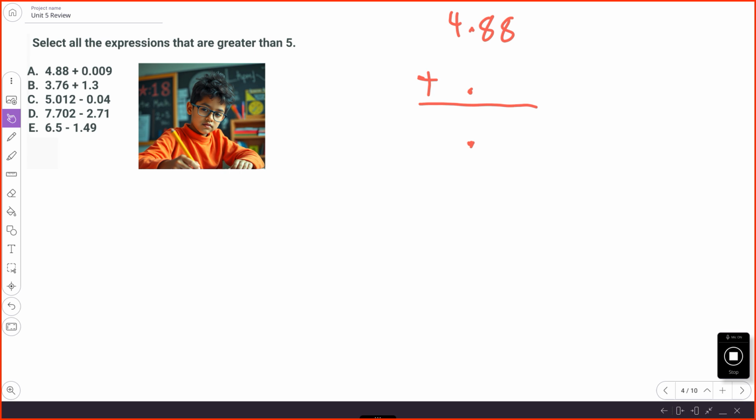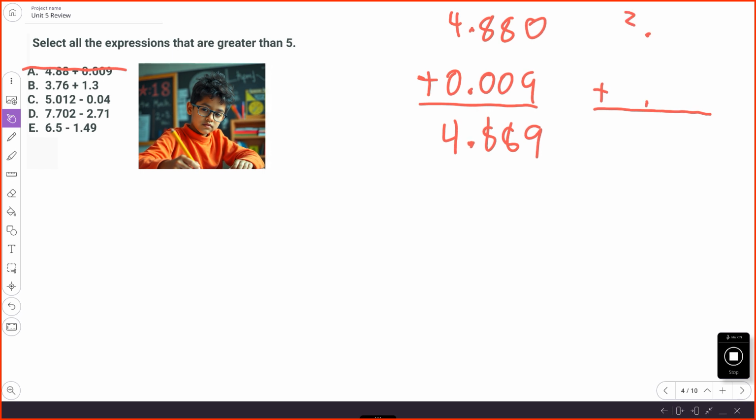88, 0, 0, 0, 9. What do we need to do? 0 right here. Okay. Now we got to do the math. 888, 888, 4. Is this more than 5? Wrong. Next one. Yes, you're going to have to take some time with some of these problems.